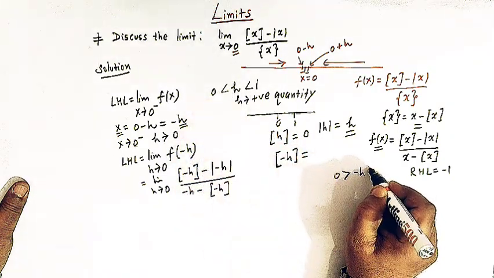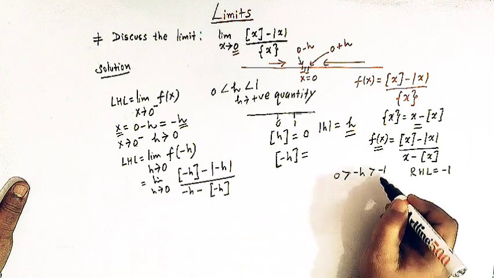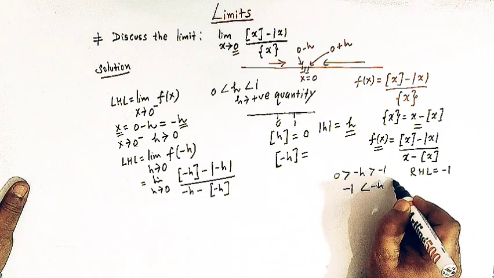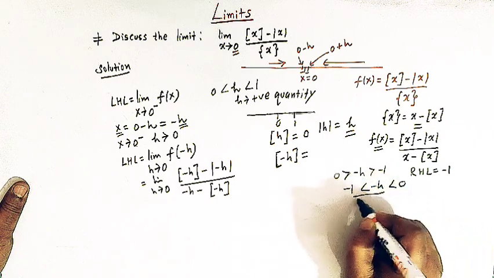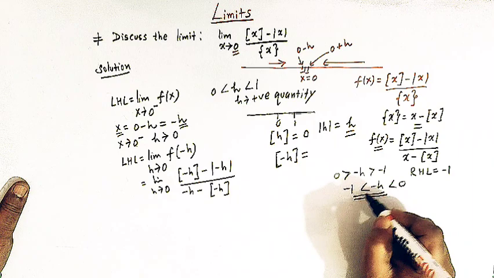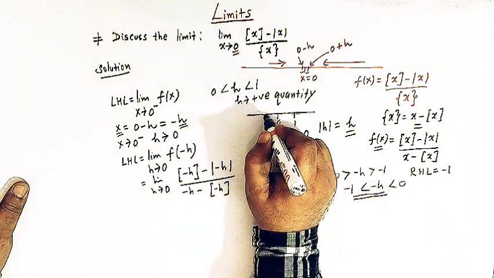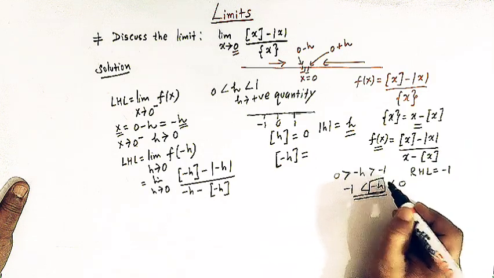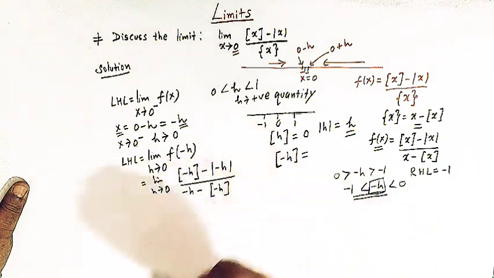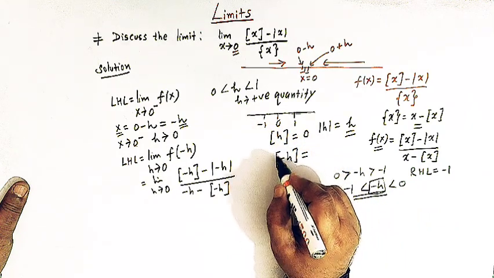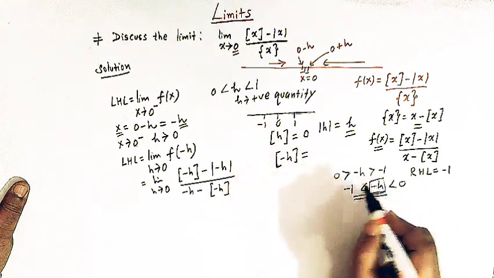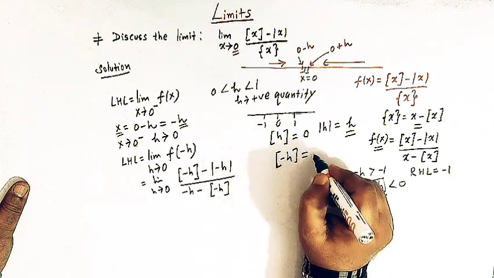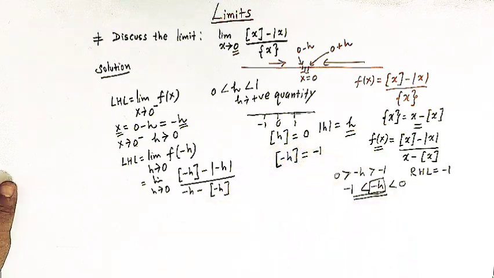So we have minus h, then minus 1, and we can rewrite this inequality as minus 1 less than minus h less than 0. So this inequality suggests that minus h lies between minus 1 and 0. So by the definition of the greatest integer function, whenever we have a number lying between minus 1 and 0, the greatest integer of that number is equal to minus 1.